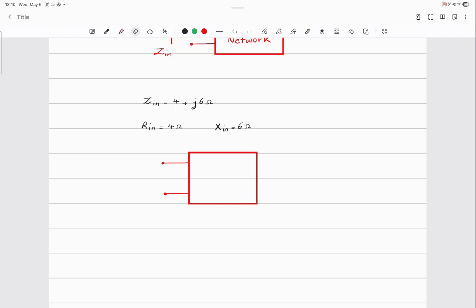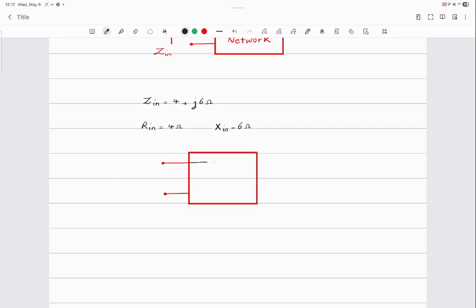For example, if it was sensing 10 ohms, do you agree that I could replace the whole network with just a 10 ohm resistor? That's the meaning of equivalence, right? But right now it's impedance. So do you agree that whatever the multimeter, or your upgraded multimeter, is sensing from across the terminals of the input is 4 ohm real and j6 ohm as the imaginary part?